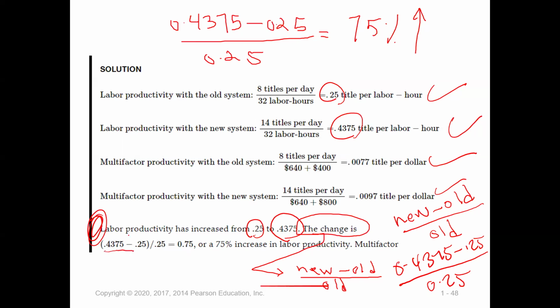So the difference between them is the new one minus the old one, divided by the old one. This is the percent change, 75%. But the change itself is just the difference between these two numbers. It was 0.25 and it jumped to 0.43. That is the change, but the percent increase is 75%. It was increased 75%.